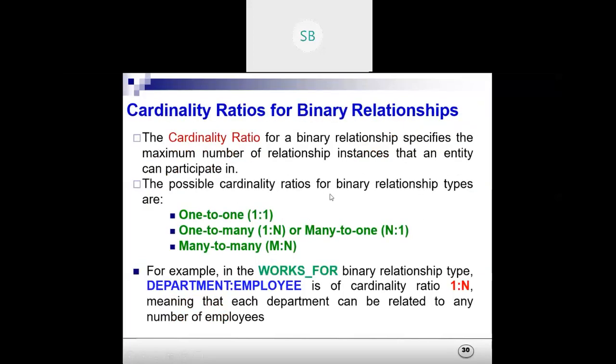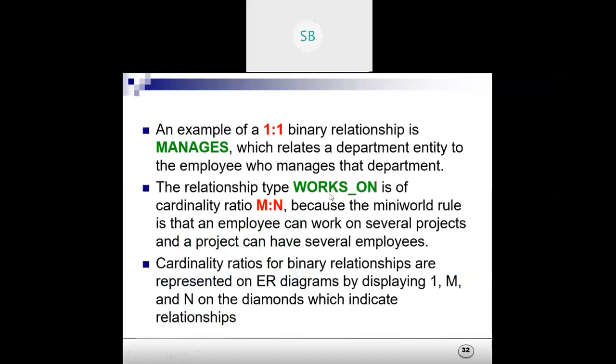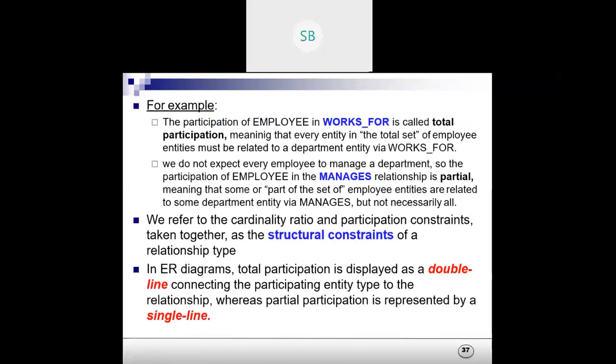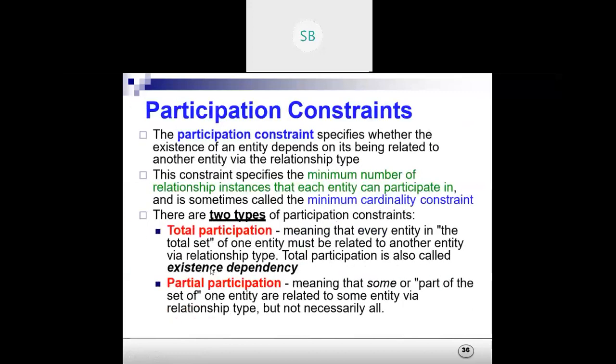These are known as the participation constraints. Where we see the double lines, it means the total participation constraint, meaning that every entity in the total set of one entity must be related to another entity.